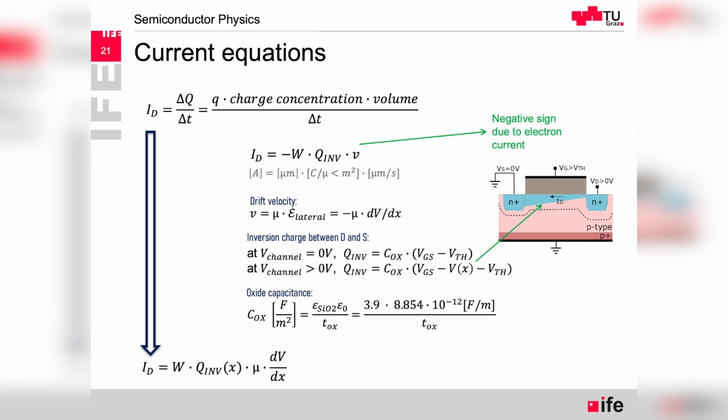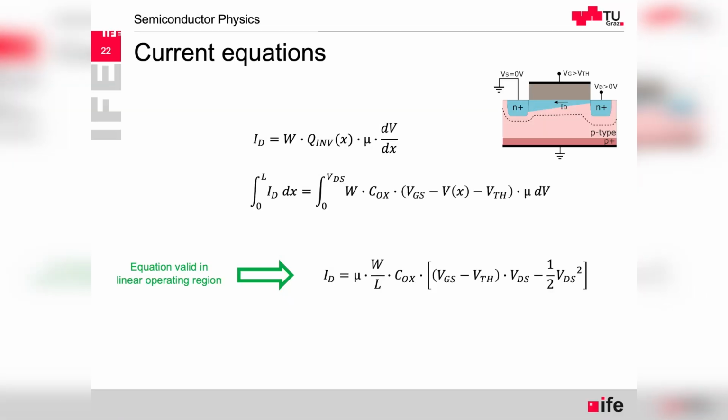And the position can be between 0 and L, because the maximum length, the channel length, is L, times the mobility and voltage per unit length of the transistor.